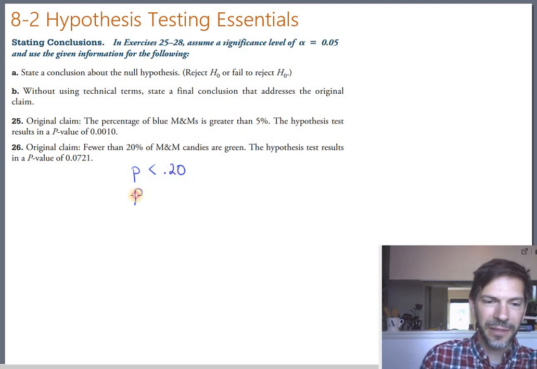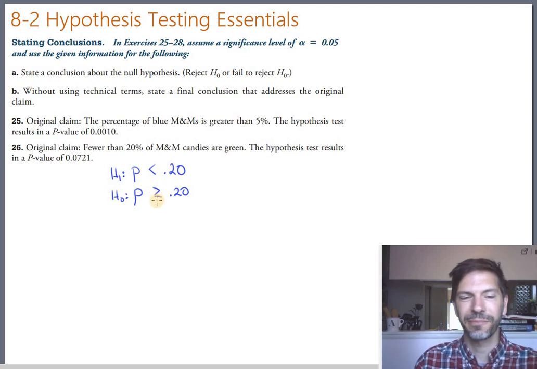The opposite claim would be greater than or equal to 20. The one that has the or equal to in it is going to be the null hypothesis. That will tell us where to draw the curve. The other one's going to be the alternative hypothesis.